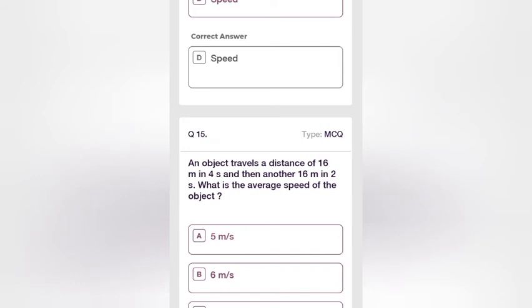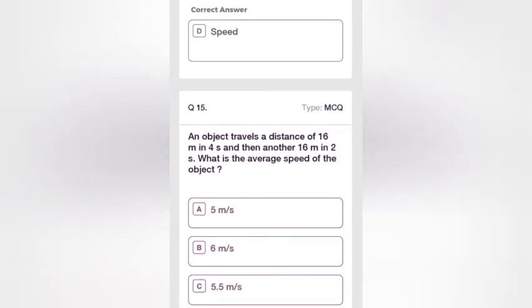An object travels a distance of 16 meter in 4 seconds, then another 16 meter in 2 seconds. What is the average speed of the object? So here distance S1 is given and another distance S2 is given, and the time T1 is given, 4 seconds, another time T2 is also given to me, 2 seconds.